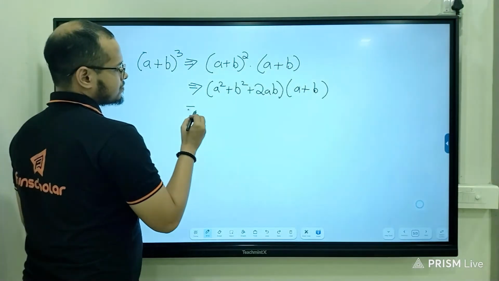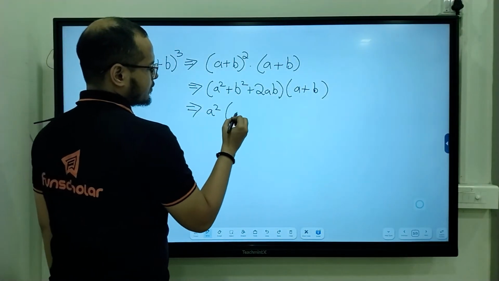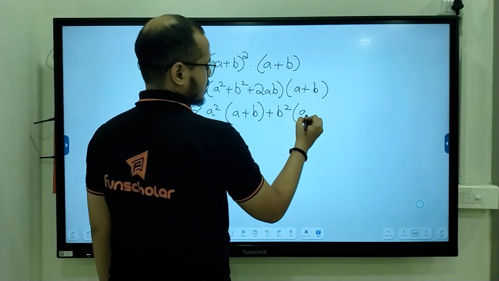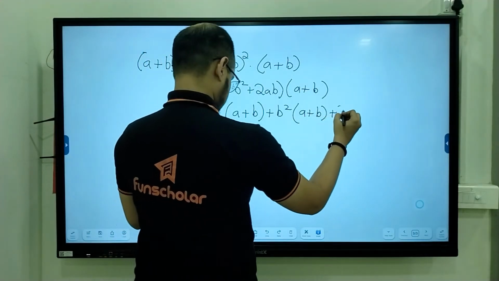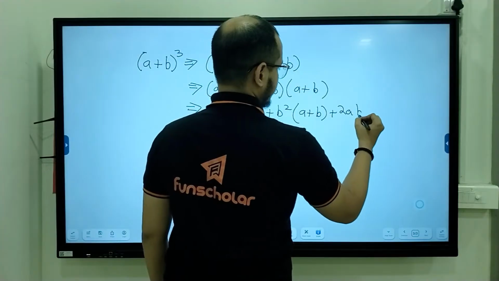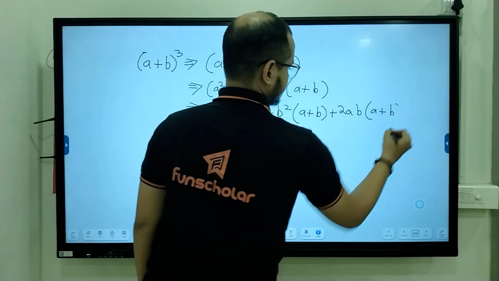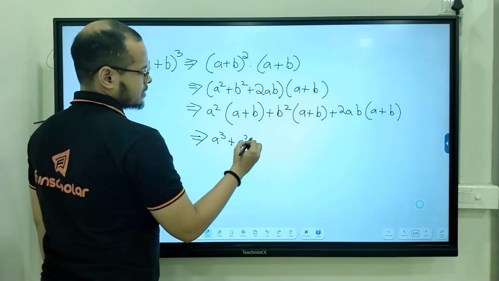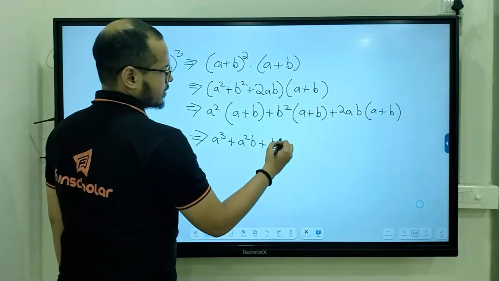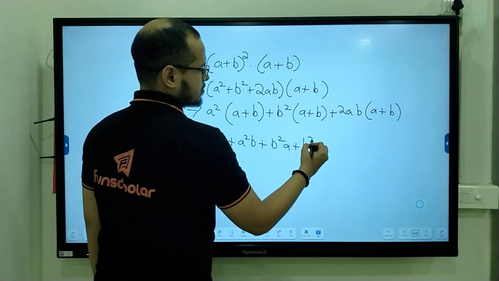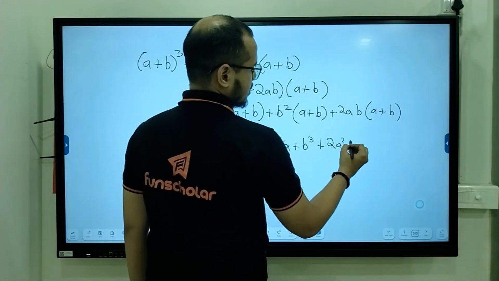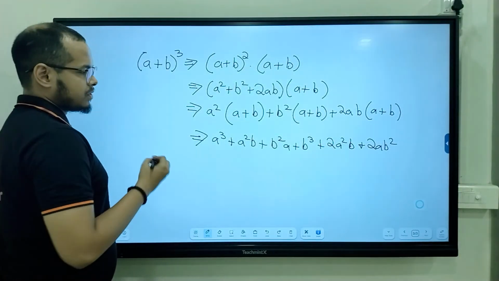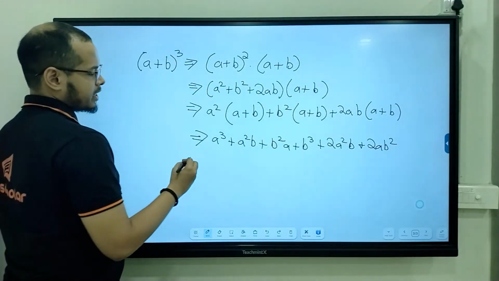So now this is normal multiplication of variables: a square into a plus b, plus b square into a plus b, plus 2ab into a plus b. Now we get a cube plus a square b plus b square a plus b cube plus 2a square b plus 2ab square. This is what we got when I multiplied it inside the bracket.